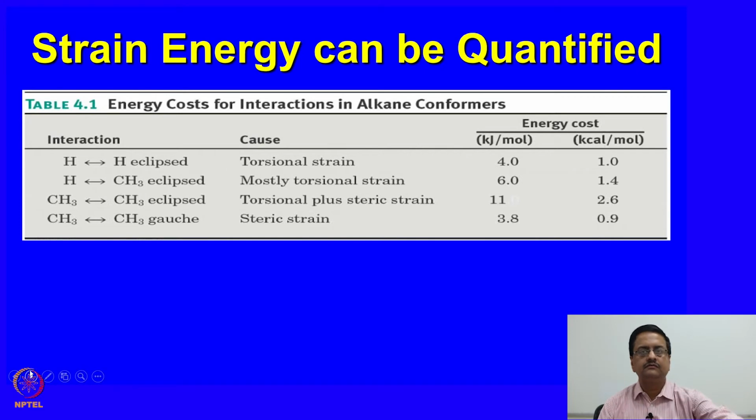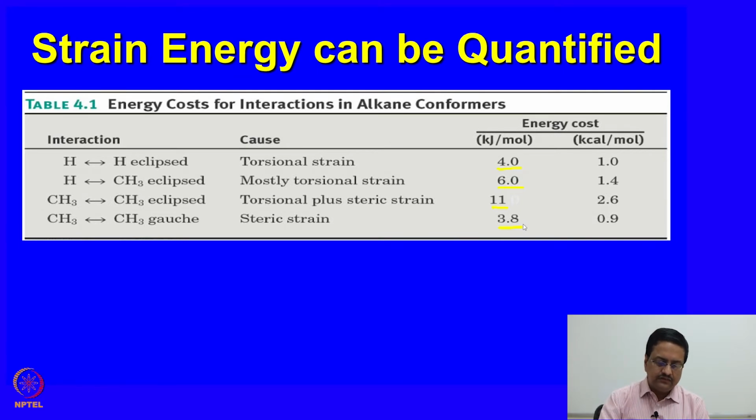So when you try to tabulate these numbers, you can see it here that in case of hydrogen-hydrogen eclipsed it is 4 kilojoules per mole, in case of hydrogen and methyl it is 6 kilojoules per mole. When it is 2 methyl in eclipsed conformation it is 11 kilojoules per mole, and when it is methyl and methyl just a steric strain it is 3.8 kilojoules per mole.